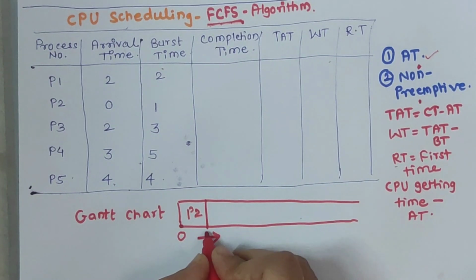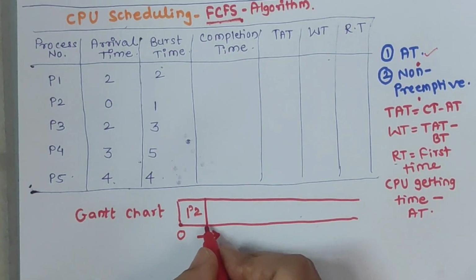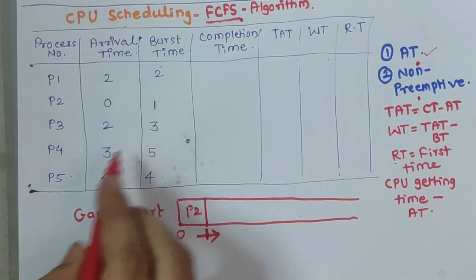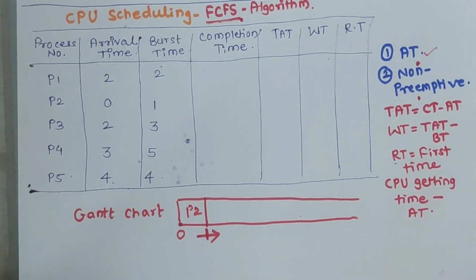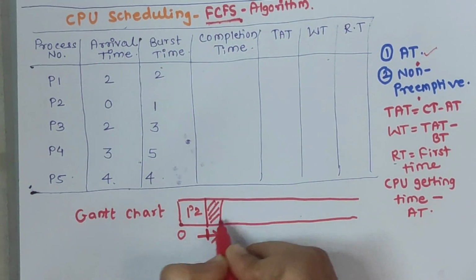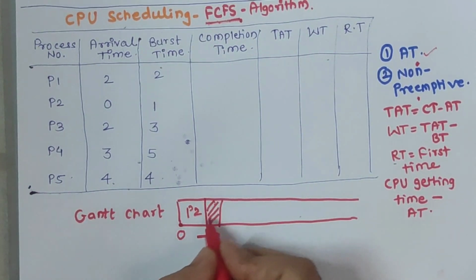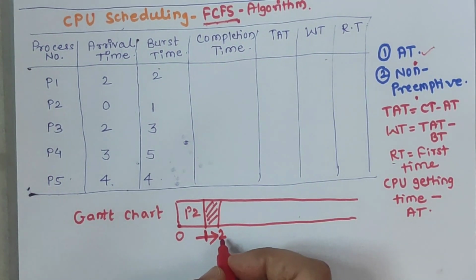So at time unit 1, process P2 completes its execution. Now we check which process is arriving at time unit 1. At time unit 1, no process is arriving. P1 and P3 arrive at time unit 2, so we have to wait for one time unit. So the CPU remains idle for 1 unit of time.